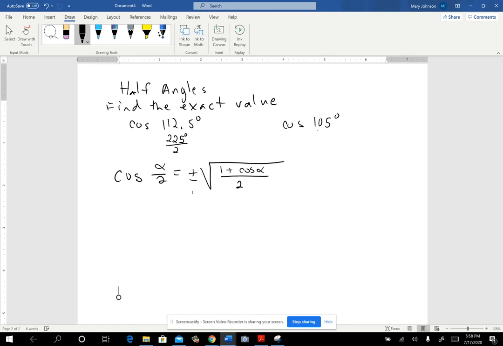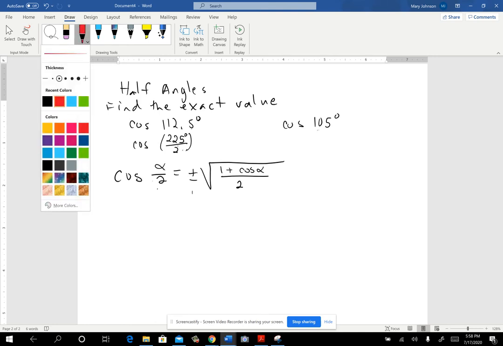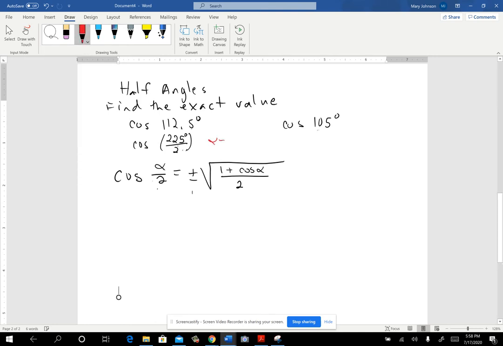So 112.5 degrees is the same as 225 degrees divided by 2. By thinking of it like that, I can use this half angle formula with alpha being 225 degrees.